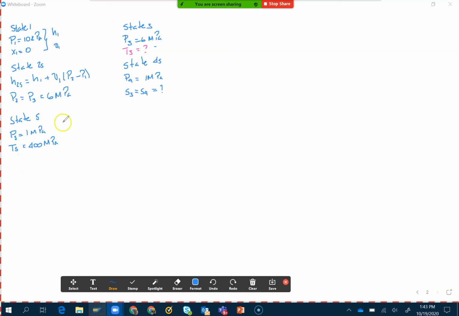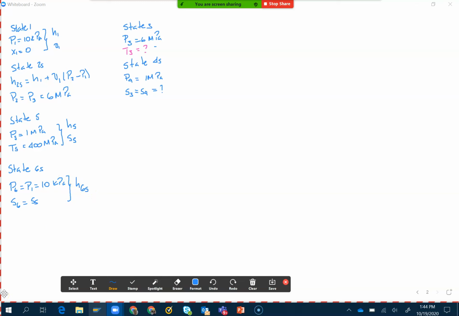Finally, from here we can get state 6s. We know the pressure 6 is equal to pressure 1, which is 10 kilopascal. And S6 is equal to S5. From here we can get H5s.